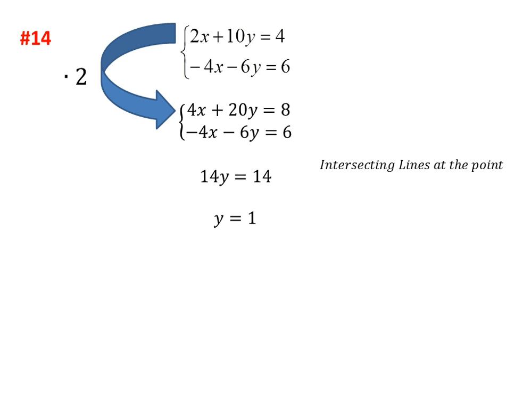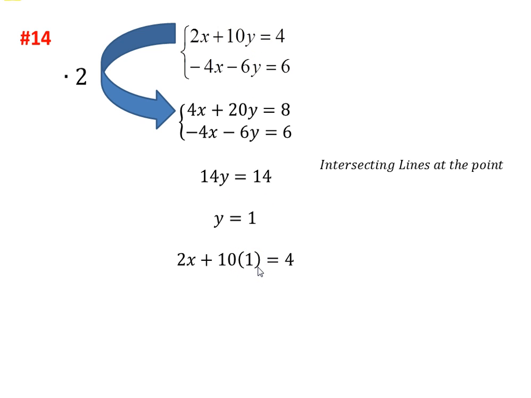Now that we know that y equals 1, we can go back up to one of the original equations and plug in 1 for y. So I'm going to plug it into the top equation. That's the one I want to work with because I don't want to deal with these negative signs. So 2x plus 10 times 1, why 1 and not y? Because y is 1.